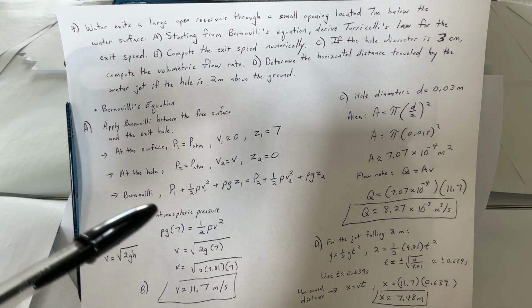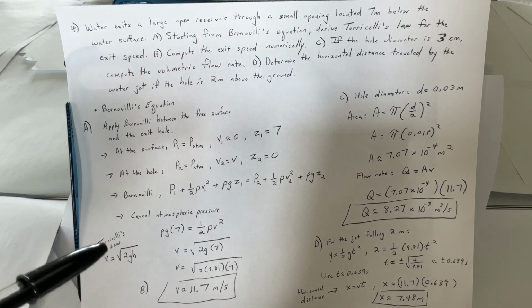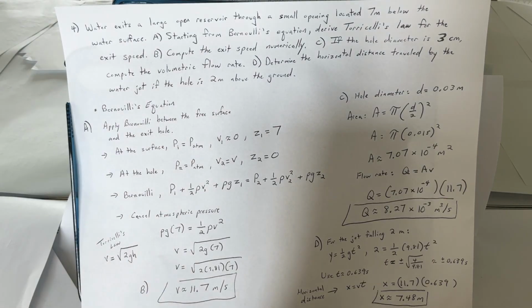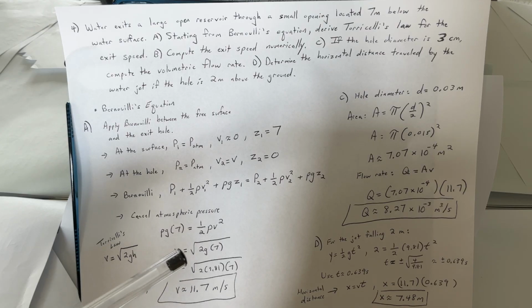And just to let you know, Torricelli's law, okay, that's just v equals square root of 2gh. You've probably seen that before a lot. So in this situation, just continuing, when we substitute these values, v equals the square root of 2 times 9.81 times 7.